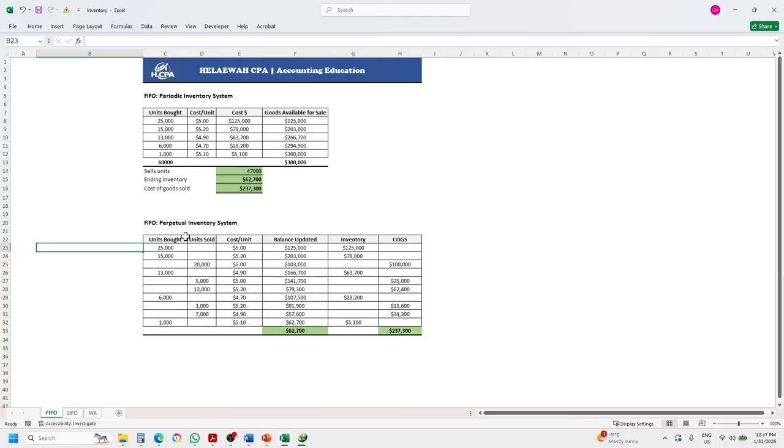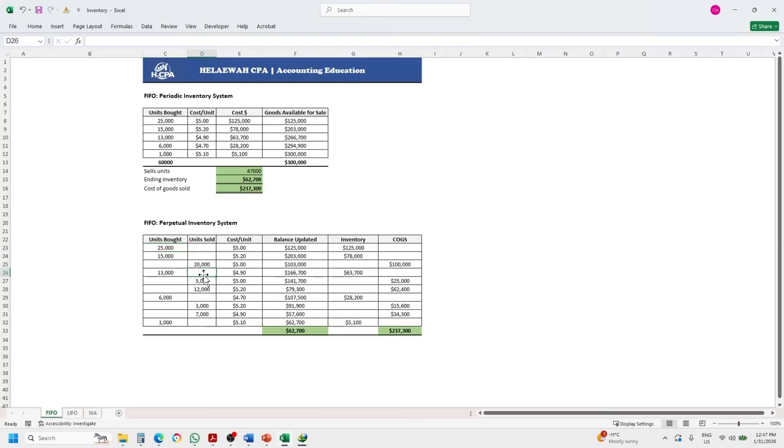In the FIFO perpetual inventory system, it's running and updating after each transaction, whether we buy or we sell. So we start with 25,000, we buy 15,000, now we have 40,000. When we sell 20,000, we take it from the first batch, and we still have 20,000.